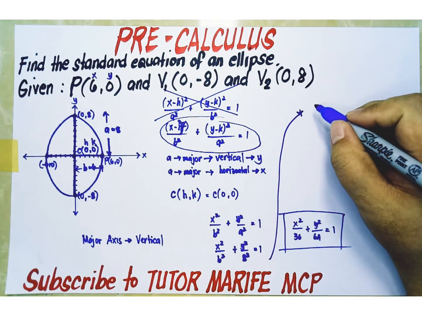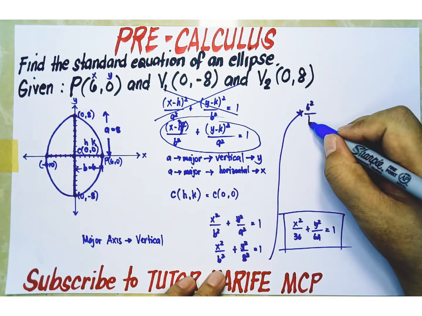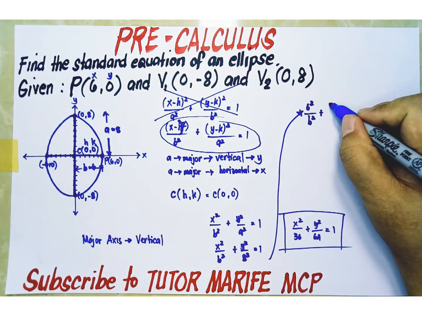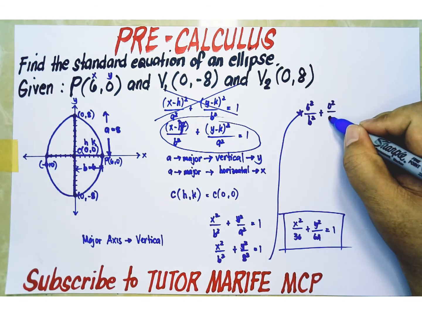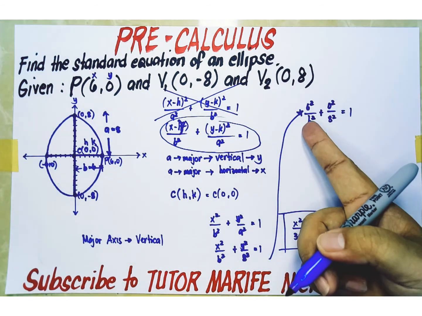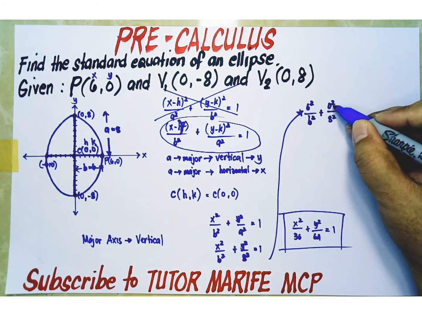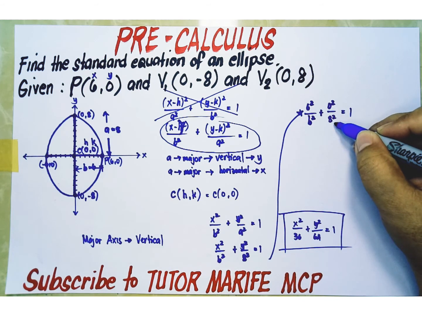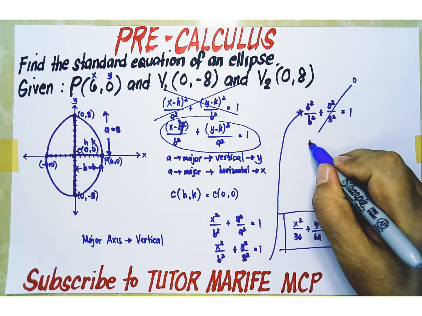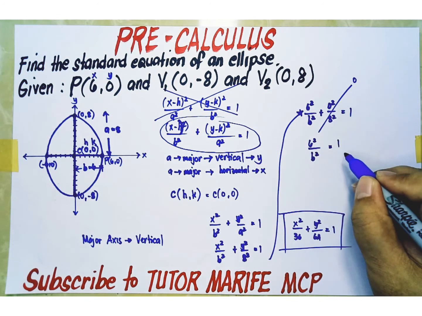If x is 6, squared over b squared plus if y is 0, squared over 8 squared equals 1. b becomes solvable. 0 squared is 0. 0 divided by 64 is 0. 6 squared over b squared equals 1.